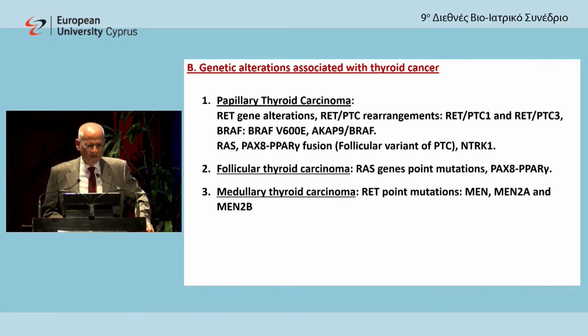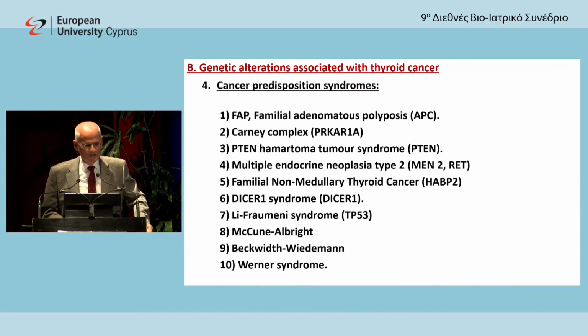Although papillary thyroid cancer shares the same histologic features as in adults, researchers believe that it's a different disease because children have different rearrangements than in the adult setting, where BRAF alterations are much more frequent. In follicular thyroid carcinoma, which is more rare, we have RAS gene point mutations. In medullary thyroid carcinoma, we have RET point mutations.